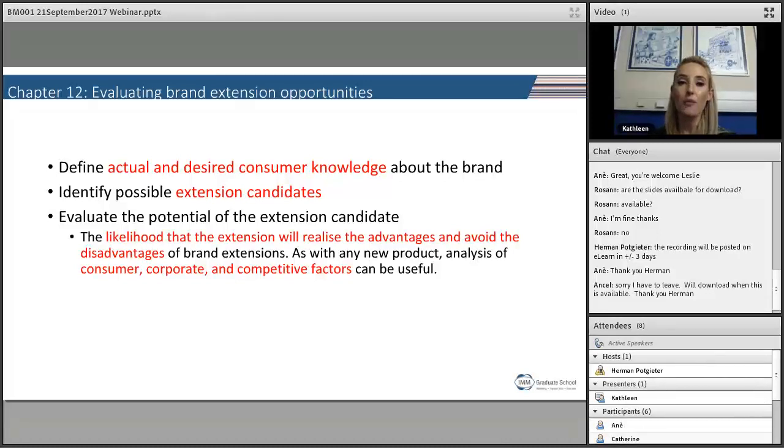When we are thinking of pursuing a brand extension opportunity, we obviously, just like any other business strategy, are going to evaluate whether or not we want to pursue our brand extension opportunity. And the way that we do that is to, as we looked at in chapter 6, identify current customer knowledge and then identify the desired customer knowledge that we want them to have about the brand.